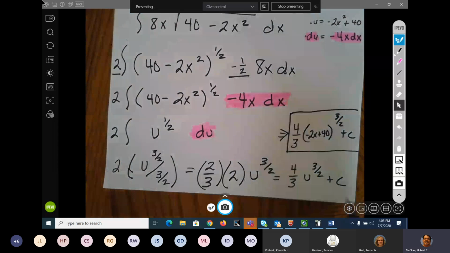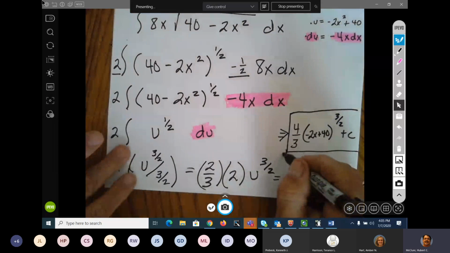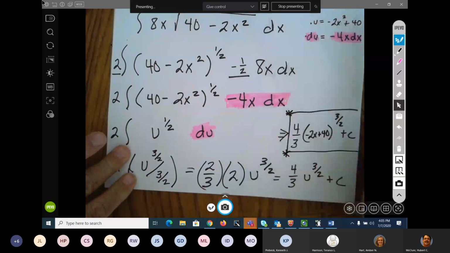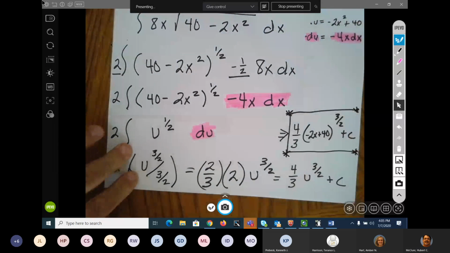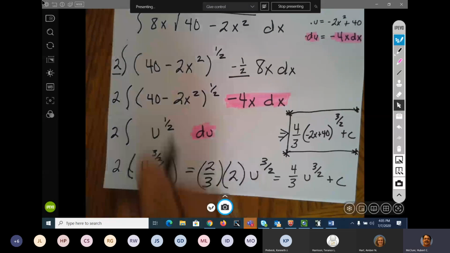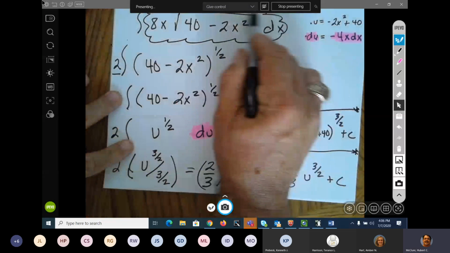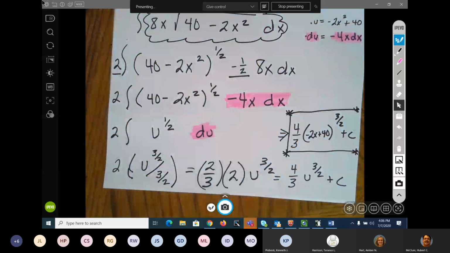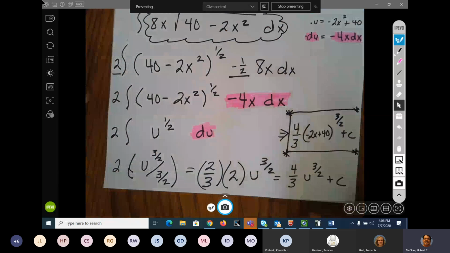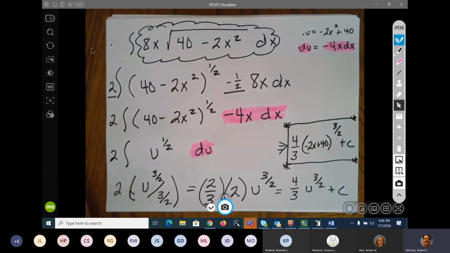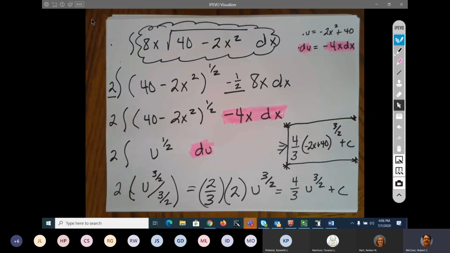I want you to take the derivative of that function and see if you get this right here. Hopefully everybody's got to that point. Sorry. So we're going to do a check.